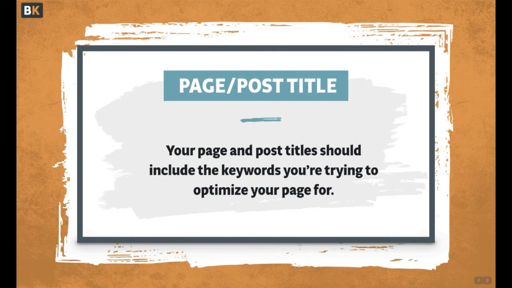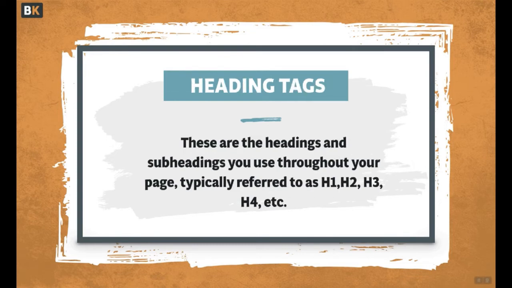So put your keywords in your page title and put them in the H1 heading on your page. While you won't have a hero section on your content posts, your post title itself should be optimized with keywords or phrases that you want to rank for. So your post title should have your keywords in it.